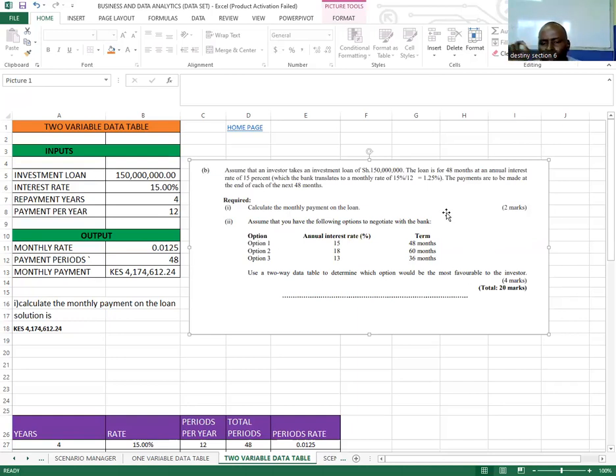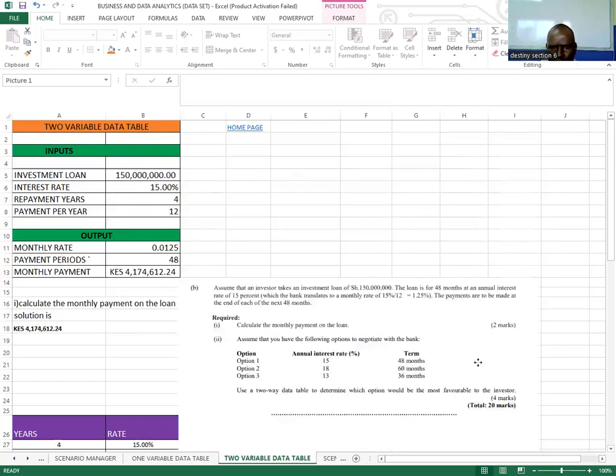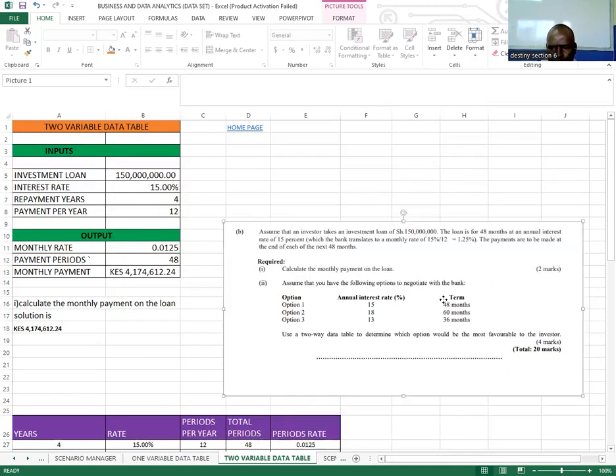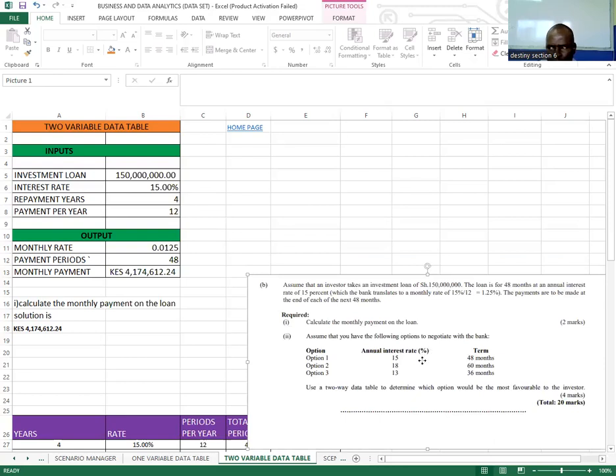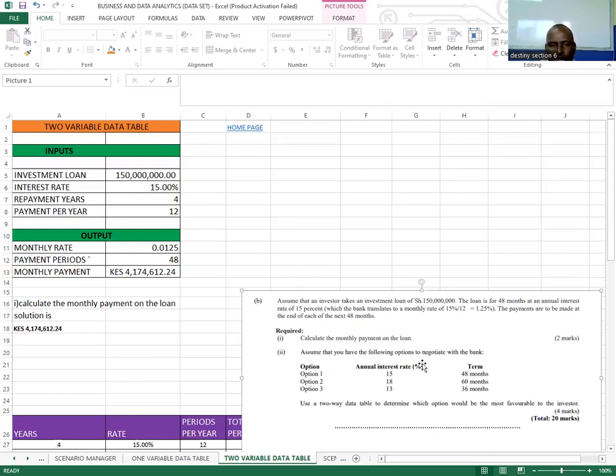You use the two-variable data table to determine which option would be the most favorable to the investor. So it is very simple. It is as simple as this. So this is a two-variable data table.